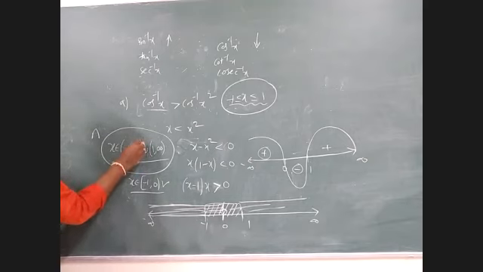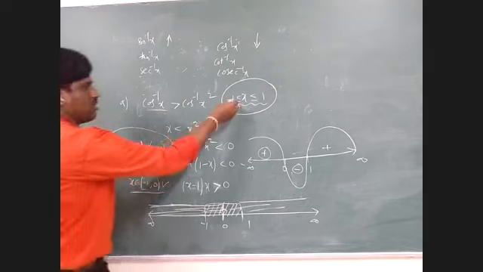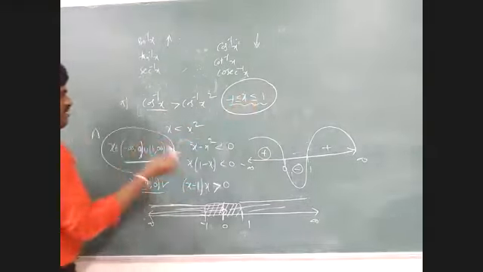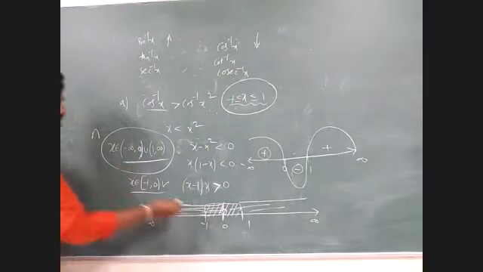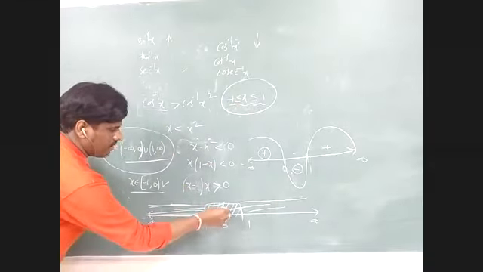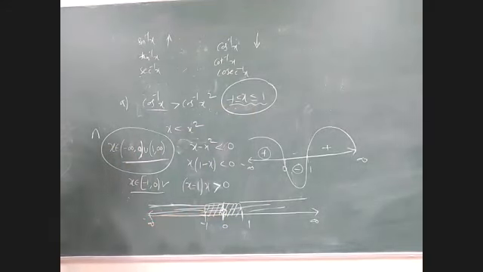In this solution, 0 is open, in this solution, 0 is open, and in this solution, 0 is closed. But when I take the intersection, the open is there, na? 0 is open, so we should not include. Minus 1 will be included, because minus 1 is here also, here also, included. Getting on? Yes, sir.